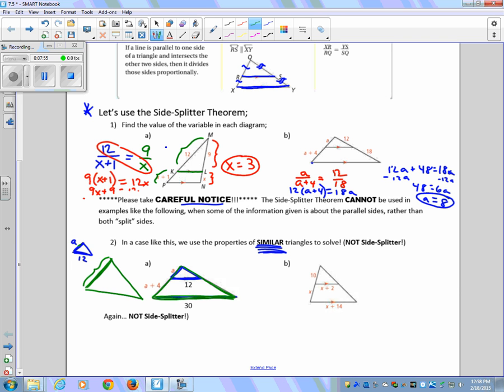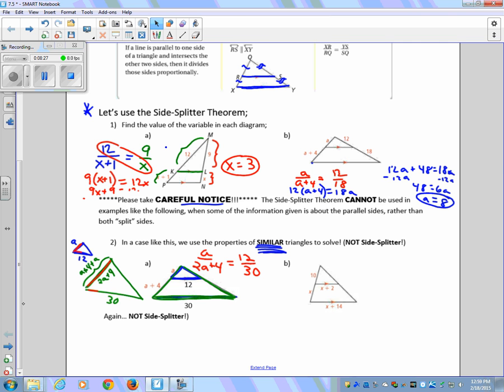So that whole left side is A plus 4 plus A. In other words, 2A plus 4 is that whole side of the triangle, and 30 on the other side. So the proportion you would have to set up is left side is to left side: A is to 2A plus 4, as 12 is to 30.